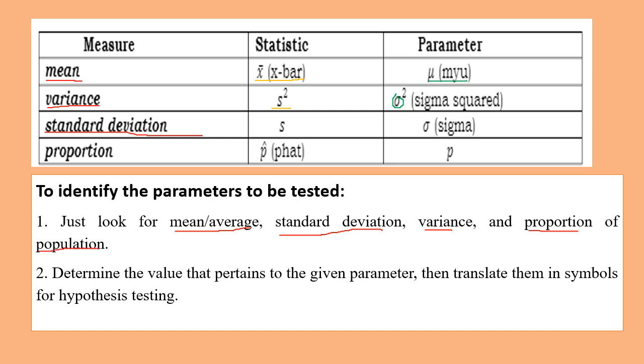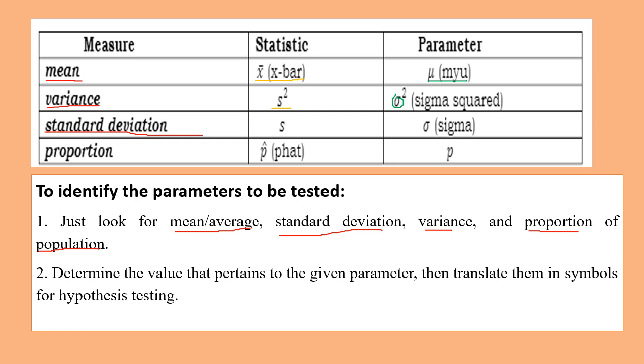Next is to determine the value that pertains to the given parameter, then translate them into symbols for hypothesis testing. Then we are going to translate them into symbols.